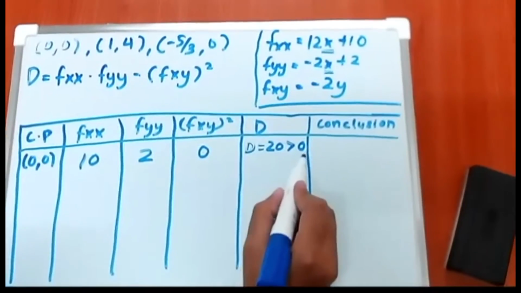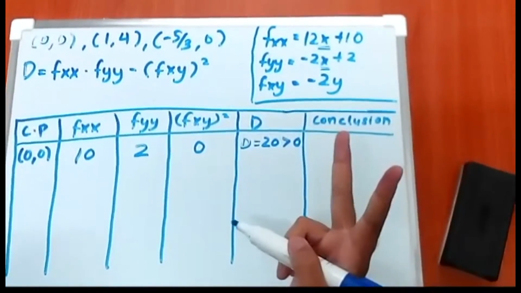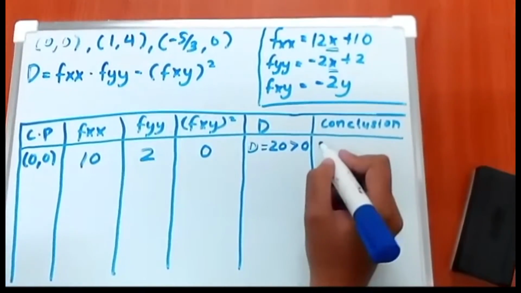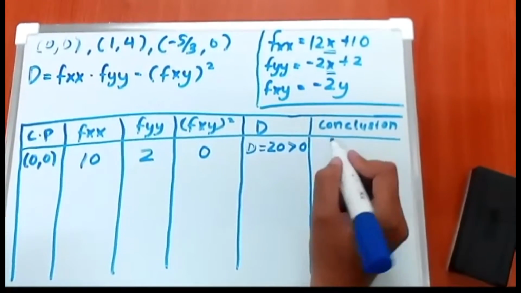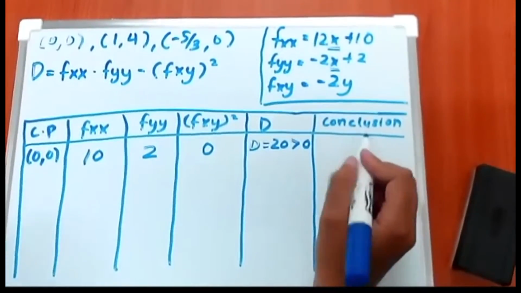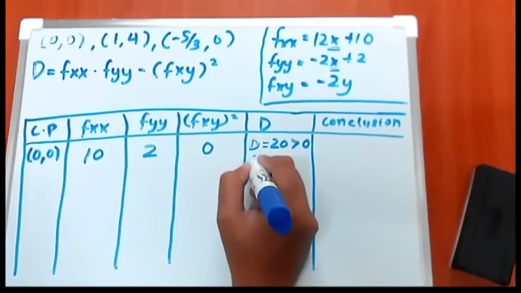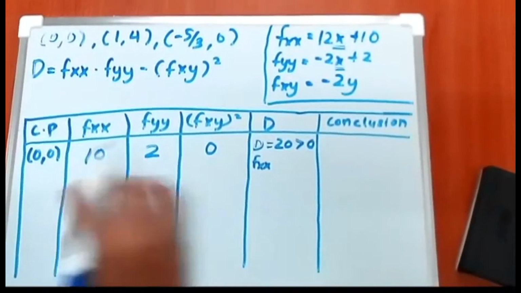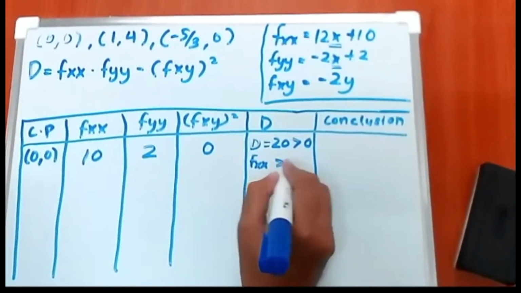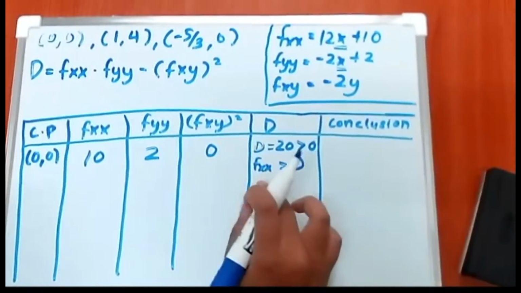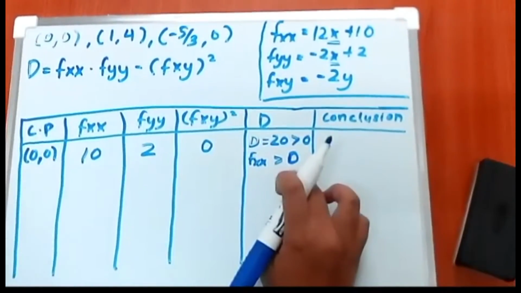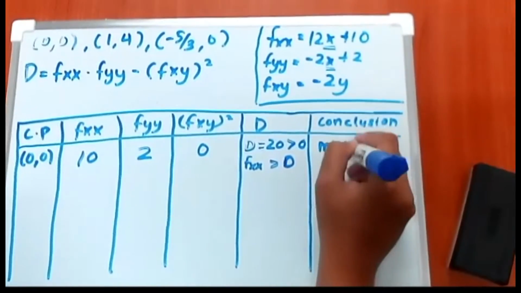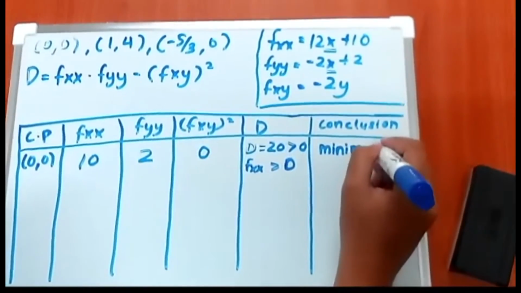So when D is greater than 0, there are two possible conclusions, either a minimum or maximum point. To decide which, we take a look at the fxx value, which is 10, bigger than 0. So when fxx is bigger than 0, we can conclude it is a minimum point.